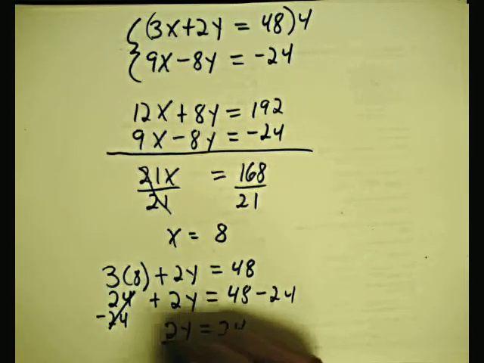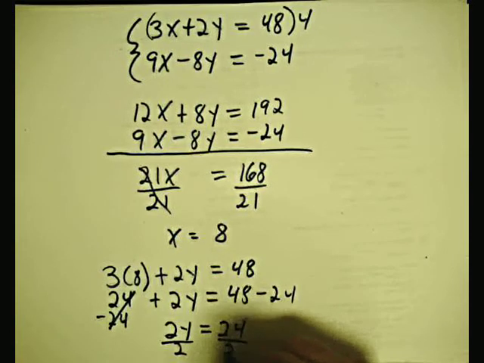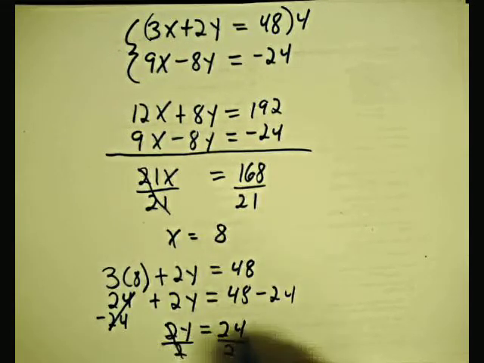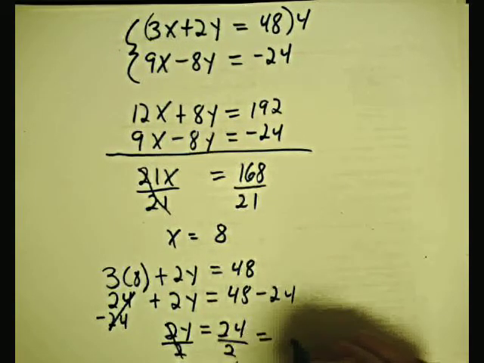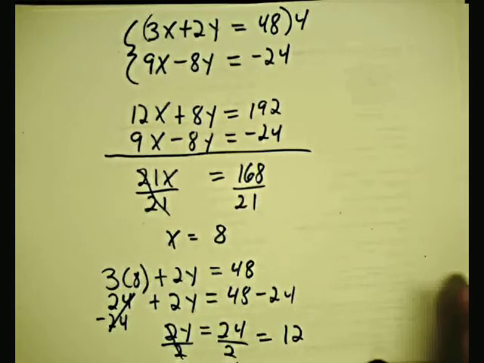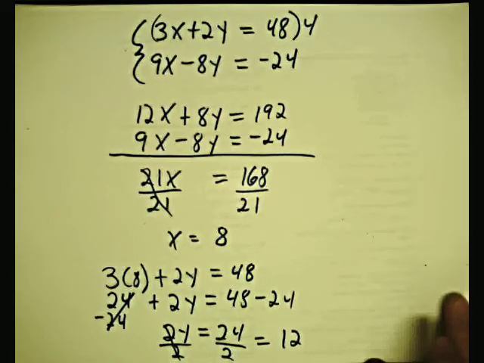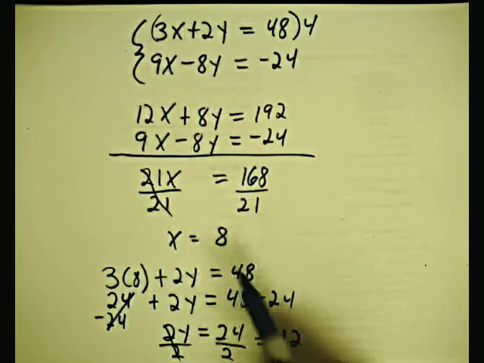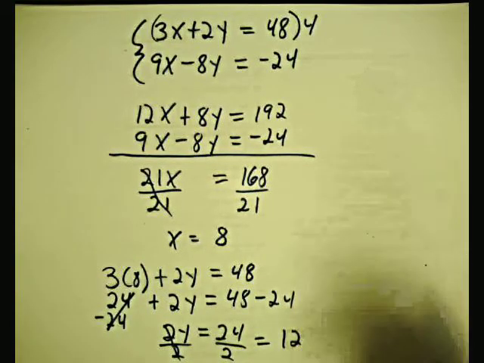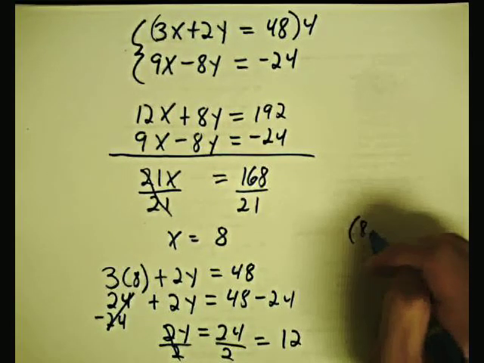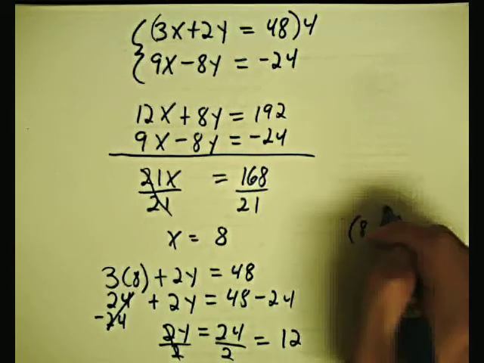And then our last step, divide by 2. So y equals 24 divided by 2 is 12. So our solution, x equals 8 and y equals 12. As an ordered pair, (8, 12).